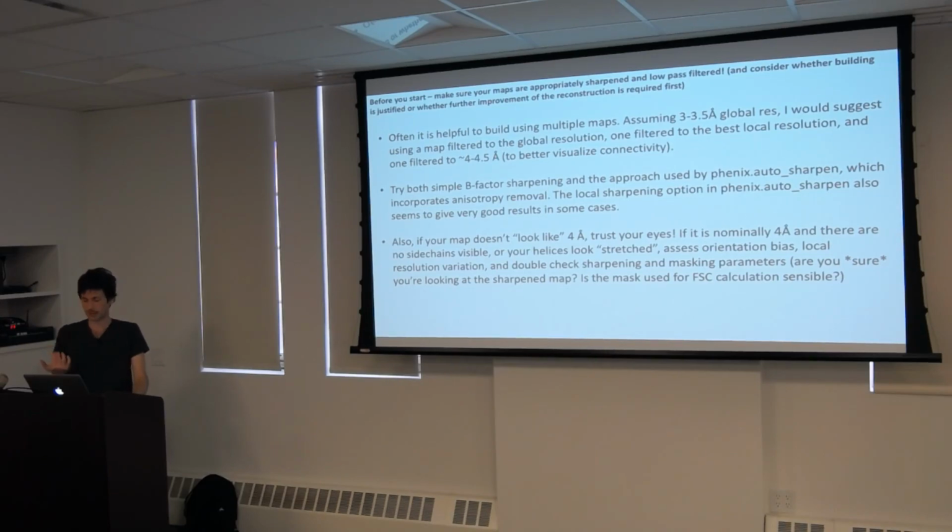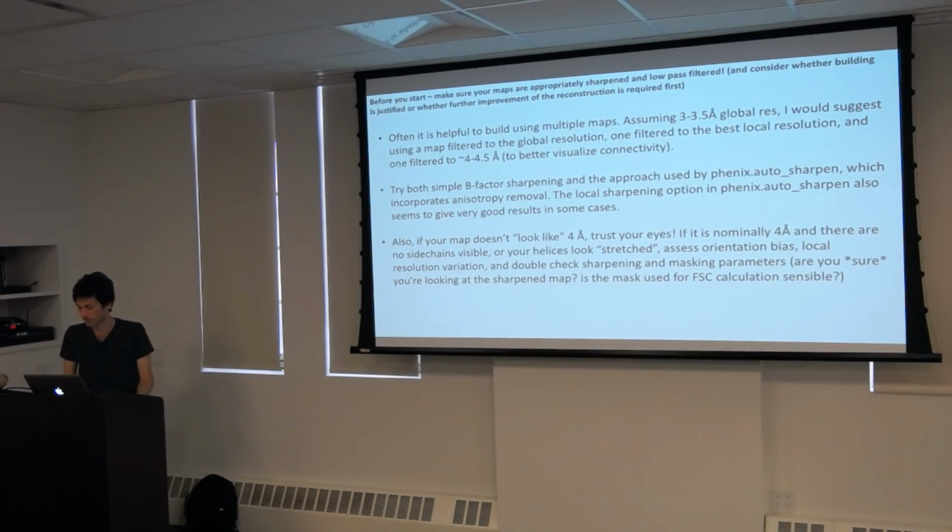And just double check that you're actually looking at the sharpened map, because I've also encountered people who are looking at their map, they think it's sharpened, they go back, they figure out they're actually looking at the unsharpened map where you can't see anything in terms of side chains. And also analyze local resolution. You might find that in the center your map is fantastic and you can see side chains and everything's great, but as you go towards the periphery things get progressively worse.